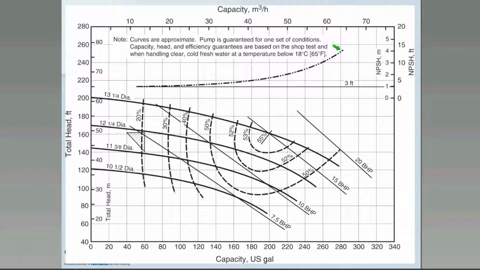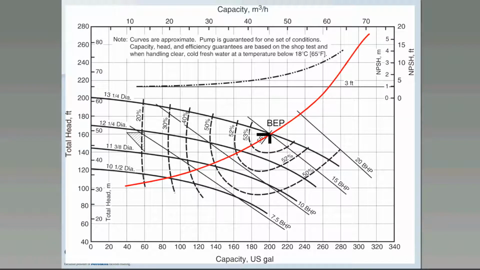The top curve at the top here refers to net positive suction head requirements for that pump, which is something that we need to be very cognizant of to prevent damage to the pump. Now, if we were to place onto here our system curve, we've been very fortunate here that the system curve passes directly through the best efficiency point, which is often not the case.